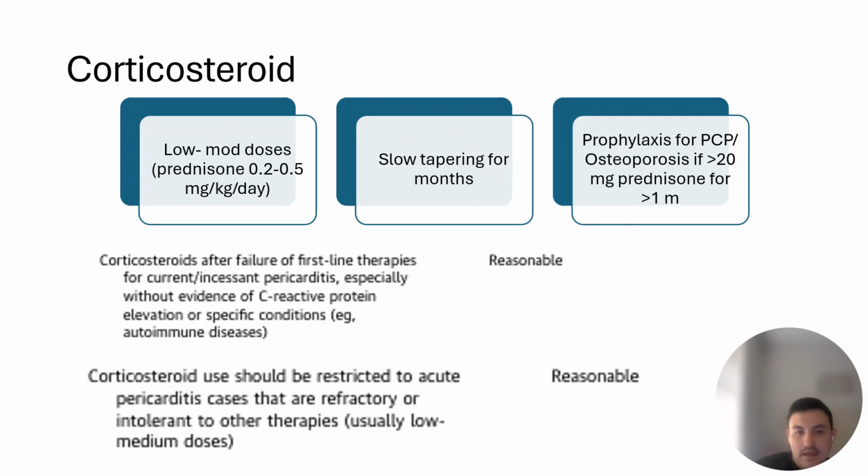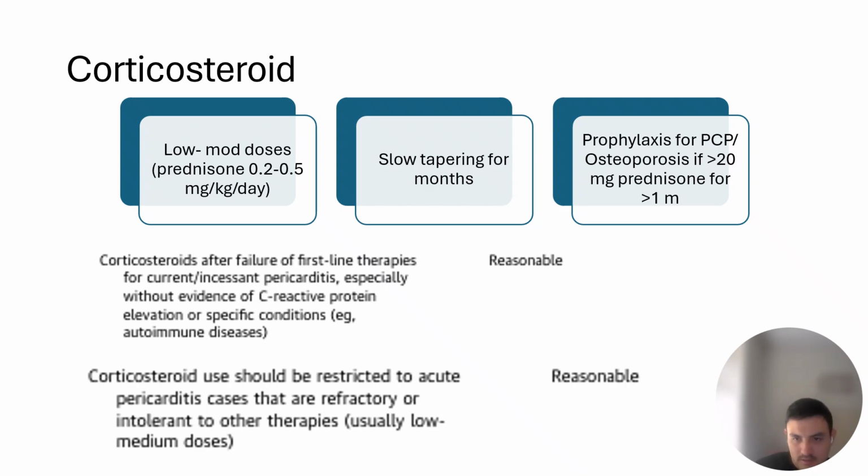So how you start is with low to moderate doses of prednisone, for example 0.2 to 0.5 milligram per kilogram daily. Usually it's 15 to 20 daily, and you taper slowly over months.